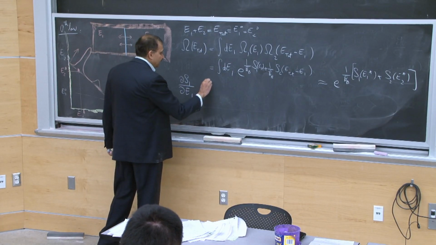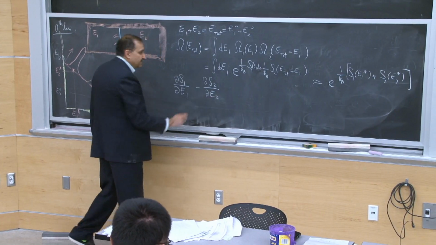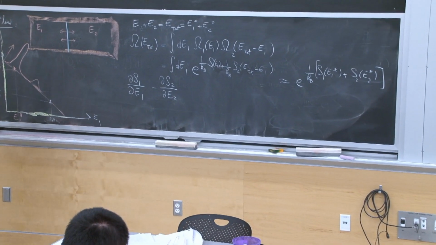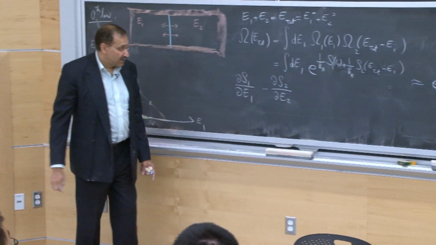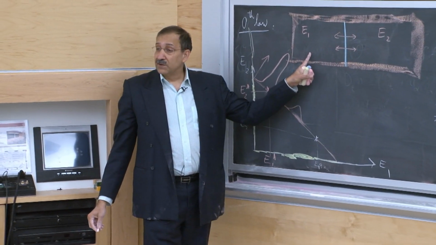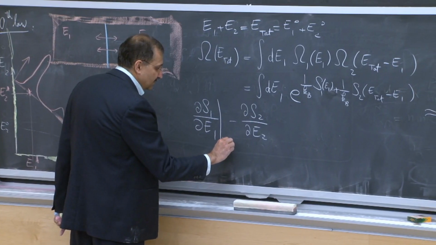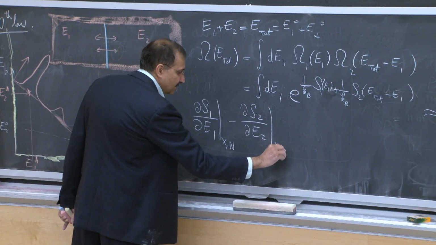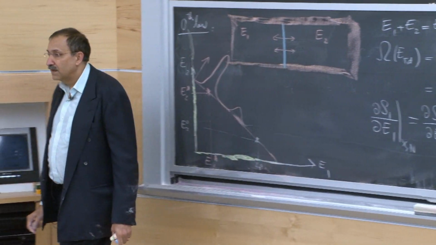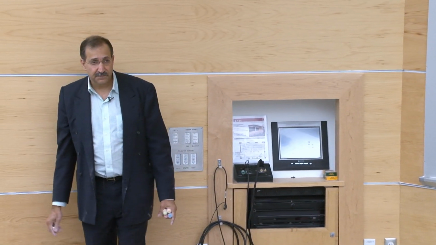So I would have minus dS2 with respect to its own energy argument, but evaluated with an energy argument that goes the opposite way with E1. And all of these are calculated at conditions where the corresponding x's and N's are fixed. And this has to be 0, which means that at the maxima, essentially, I would have this condition.